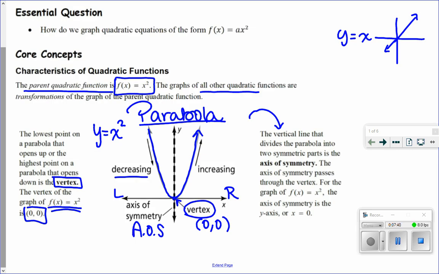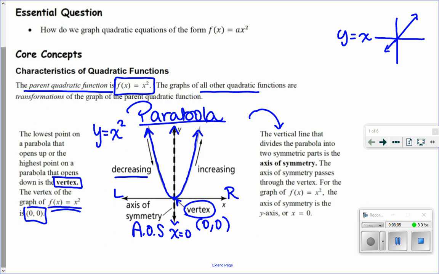But that axis of symmetry is this vertical line right here. You can see it dashed, that splits your parabola right down the middle and creates two identical mirror images. In the parent function, this axis of symmetry is always at x equals 0, or right on top of the y-axis.